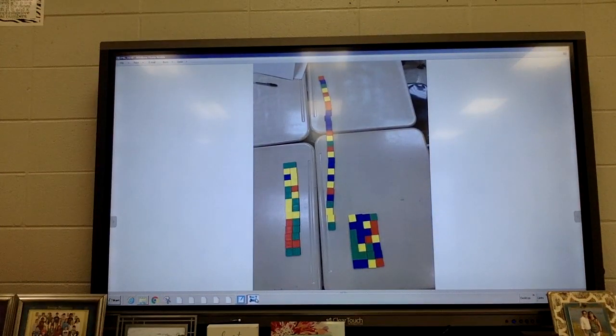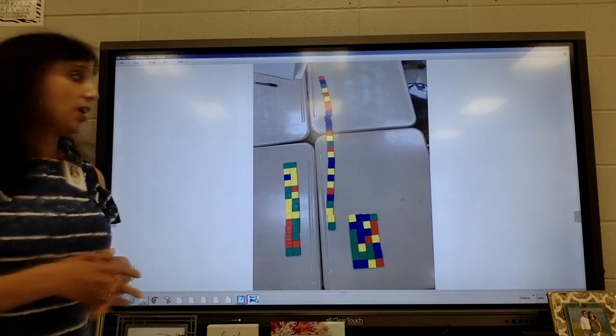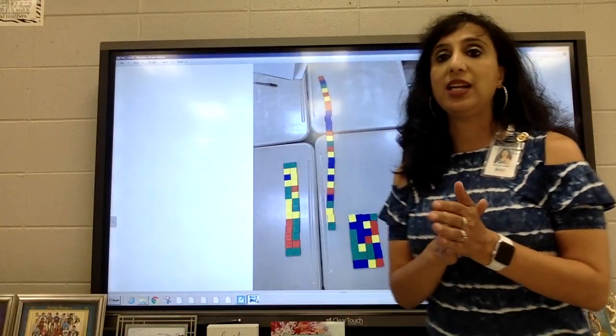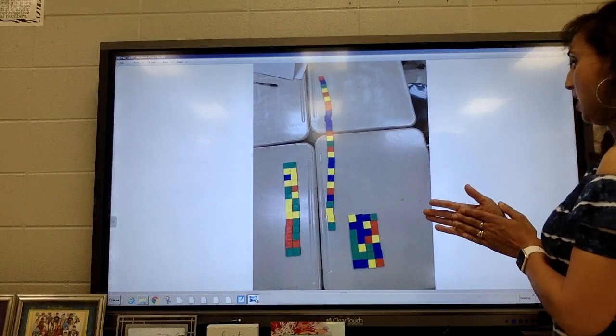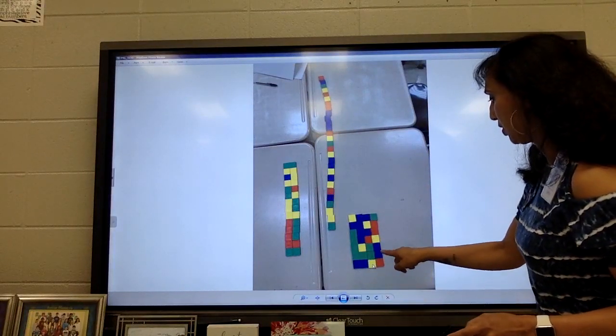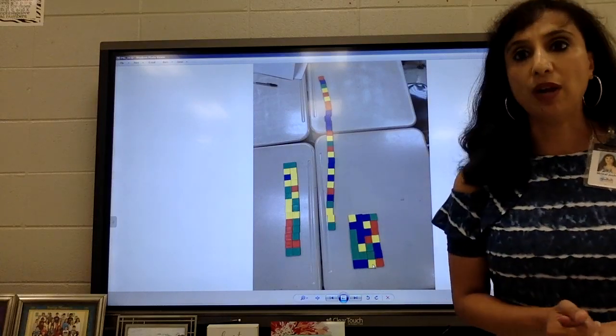So let's say you are asked, because area doesn't just have to be like one thing. It's basically the factors. So in this case, let's see, 1, 2, 3, 4 times 1, 2, 3, 4, 5, 6, 7. Okay. So in this case, what are we doing?